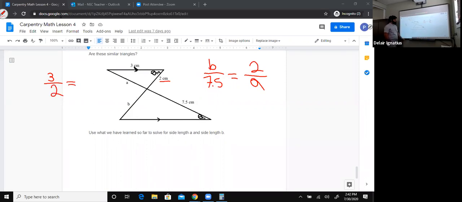This has to be equal to this bottom side that corresponds to the 3 centimeter side. I'll call it X because we don't know it. And we'll divide that by the side corresponding to 2. 2 is the same as B, yes, it's the same as B, right?